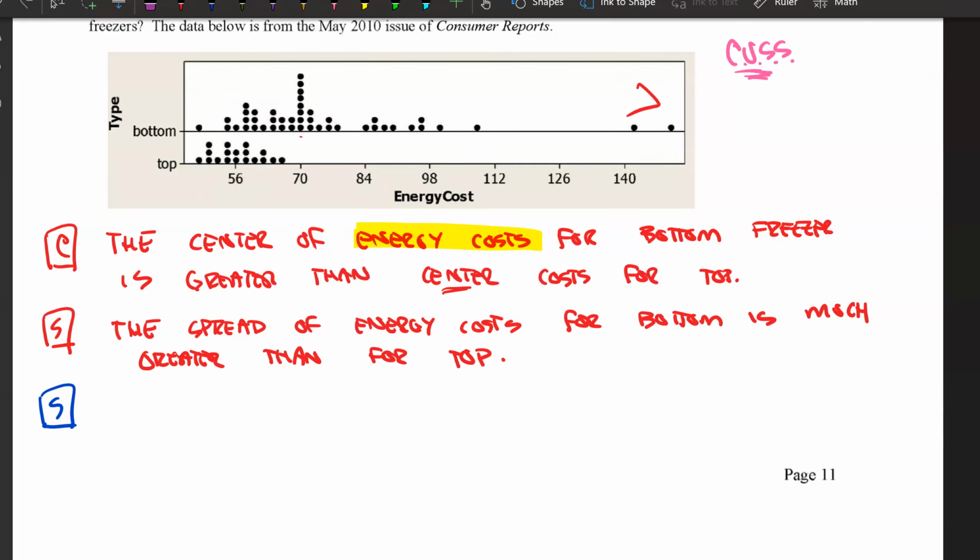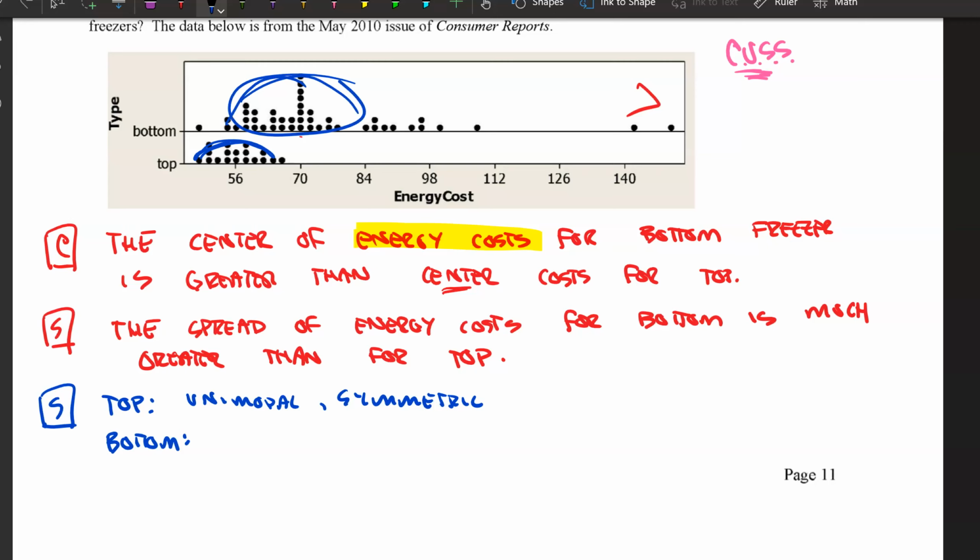But shape. So top, and this is one you don't really have to use comparison words. I'm just going to describe these two separately. You could, but I'm not going to. This looks like it's unimodal symmetric. So top is unimodal symmetric. And then the bottom looks like unimodal to me. I don't think this is a significant peak and this is another, so I'm going to say unimodal.